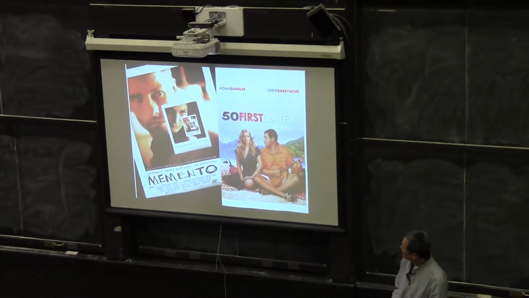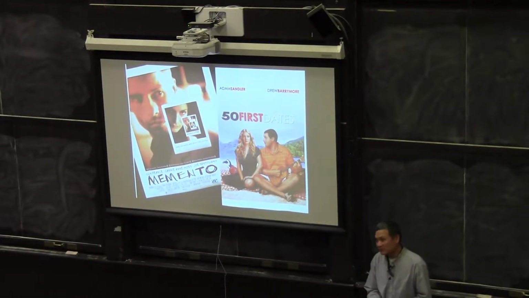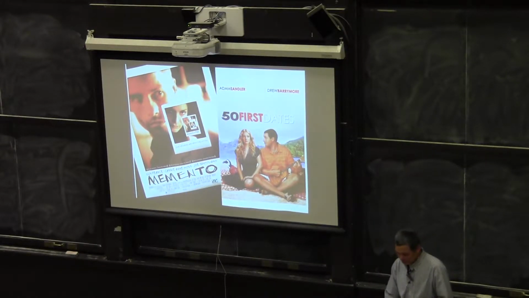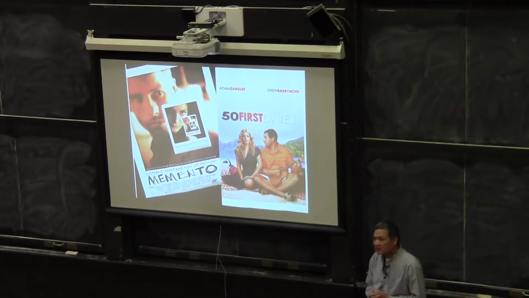So this is the sort of Hollywood movie, right? There are lots of movies that play on this kind of deficit, so memory deficit. This is kind of a very cheesy movie. It's not very good. But this one is actually more interesting, Memento. If you haven't watched it, it's worth watching this movie. It's very low budget, but what's interesting is that this director tells the story in reverse order, right?